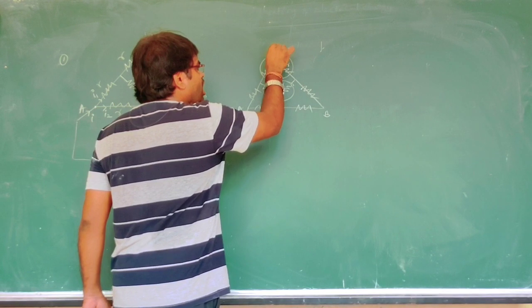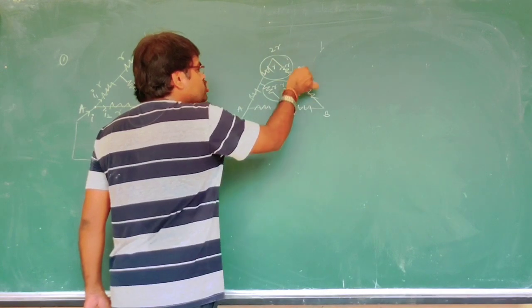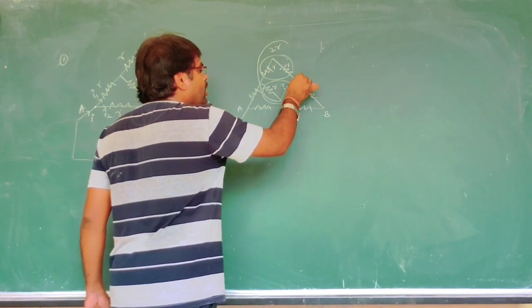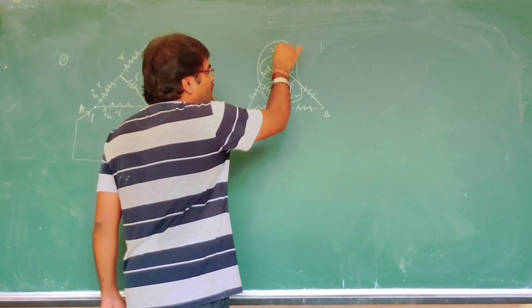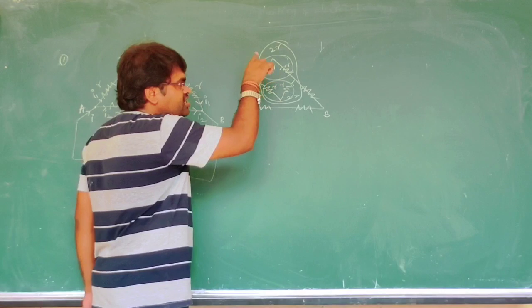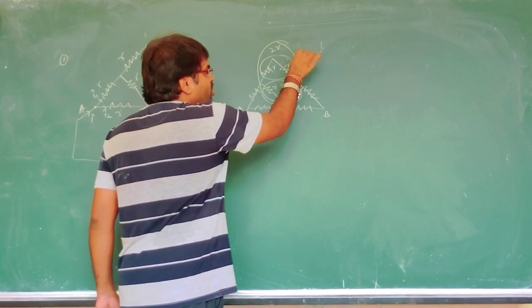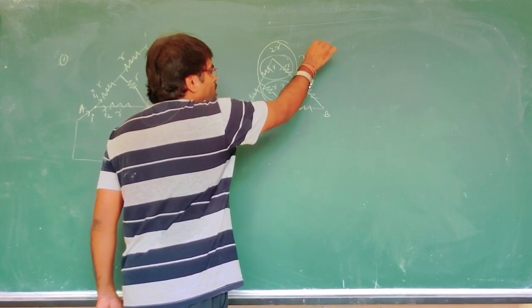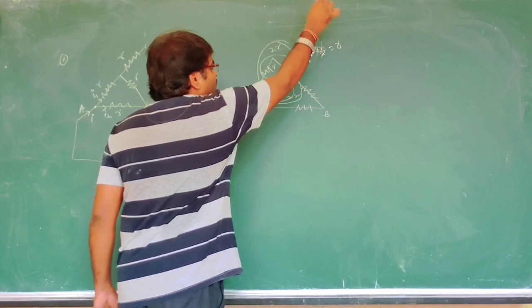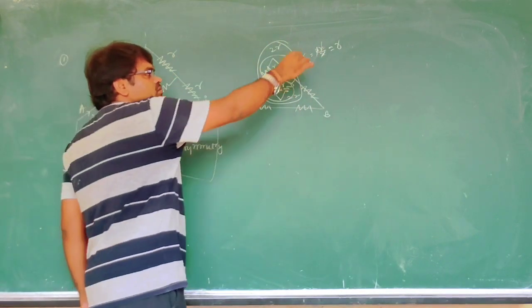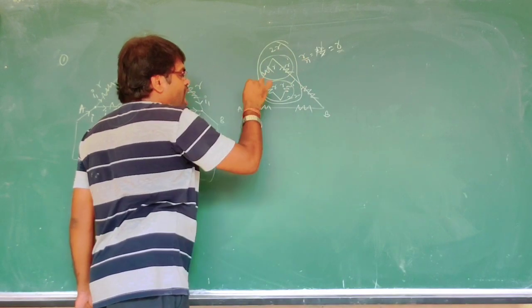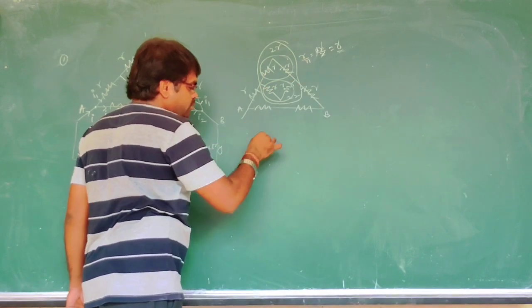R, 2R, 2R. These two are in parallel. Both equal resistors are in parallel. That's why the formula is R by N, that is 2R by 2. Then cancel, what? R. Then modify this.